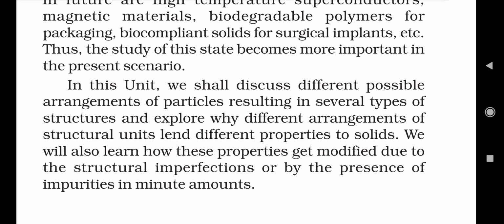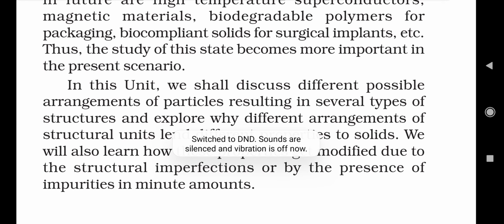Like if we want the elasticity of a rubber band, we have to understand why the rubber band has this elastic nature, what its constituent particles are, and what the arrangement is. And if we also want the conductivity, like in copper, then we have to understand the nature and arrangement of its particles. Then we will try to get a material that has both properties. I hope this is clear to you. This is an important point.